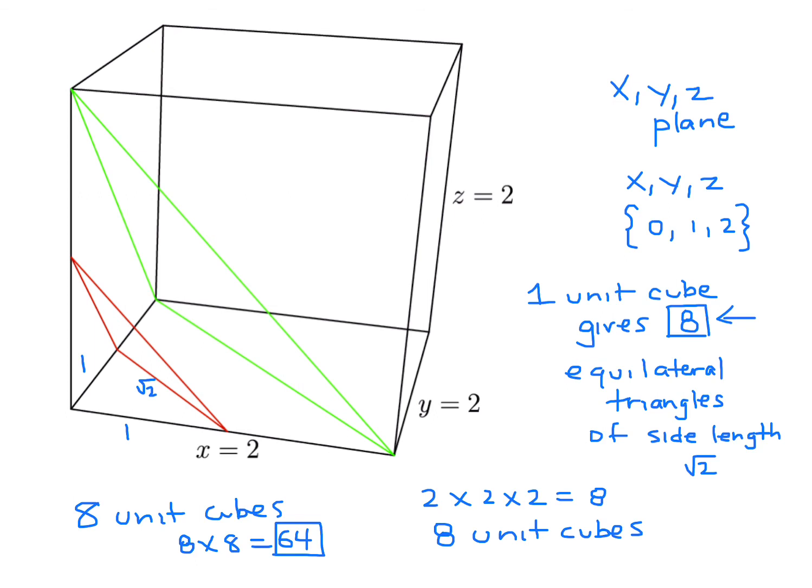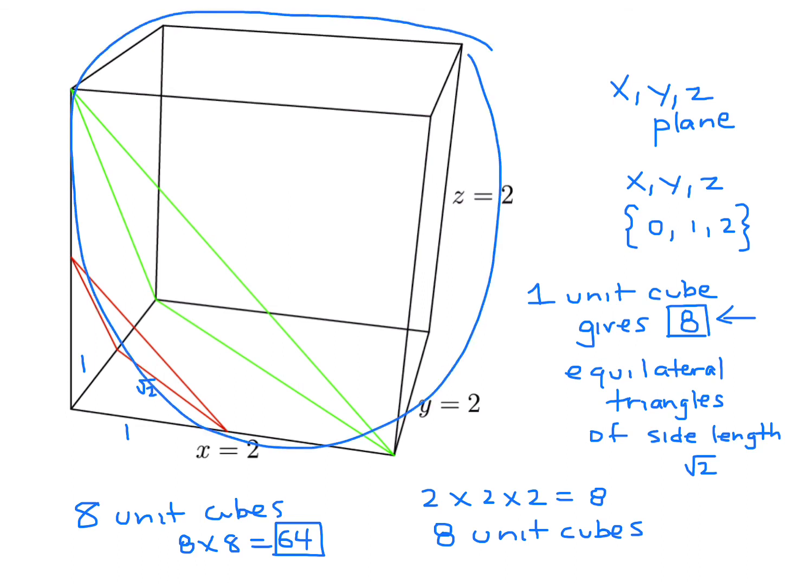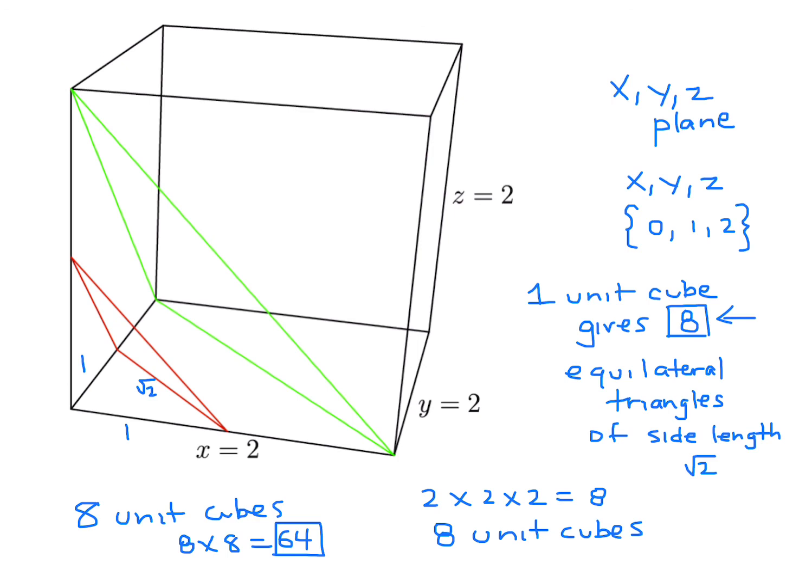All right? But that's just the first part of the question. We also have to take into consideration when you have a full cube where the whole sides are of length 2 each. And the green triangle represents one such equilateral triangle.